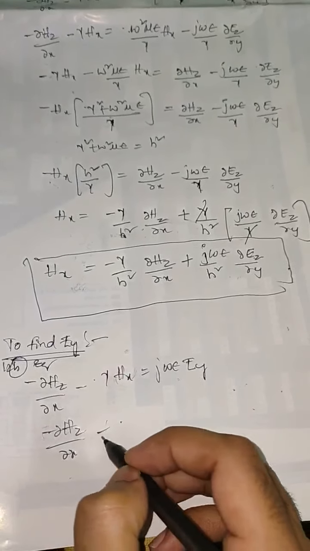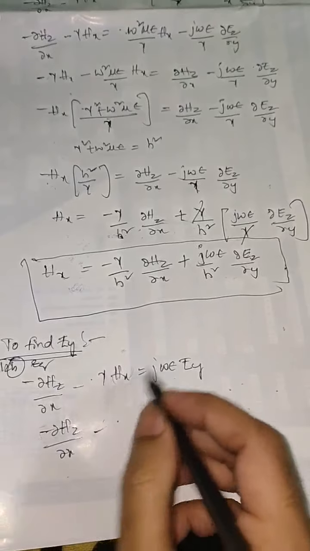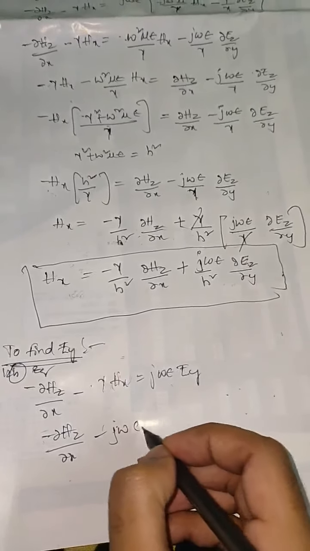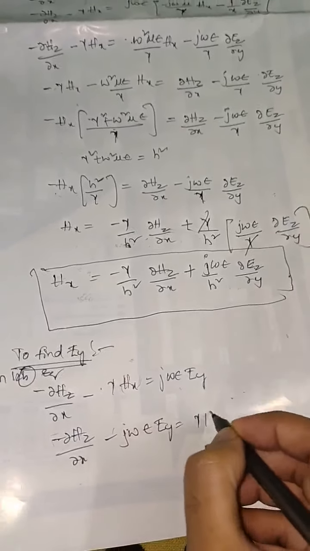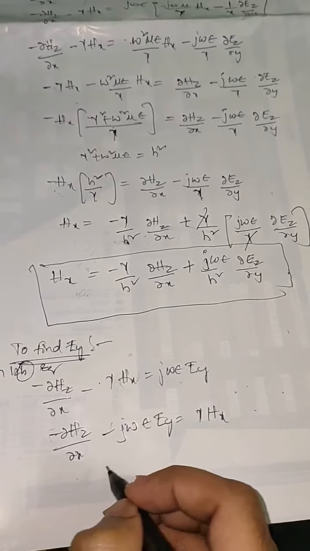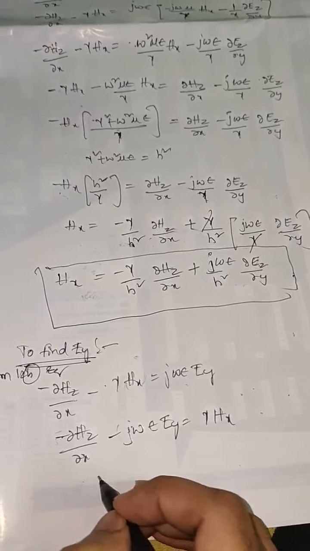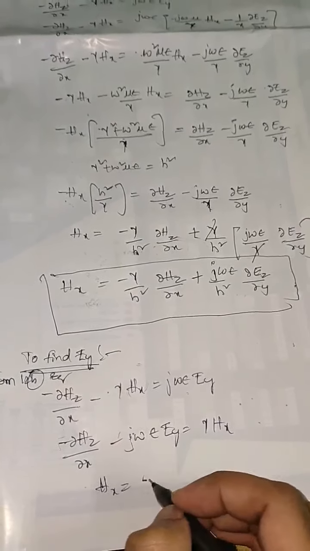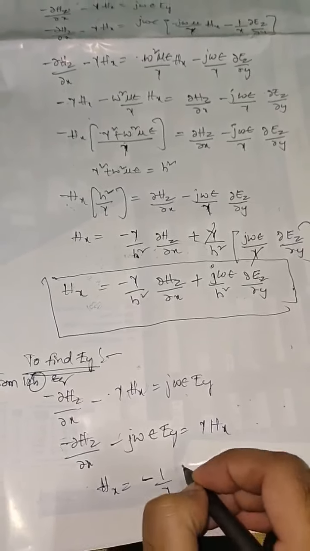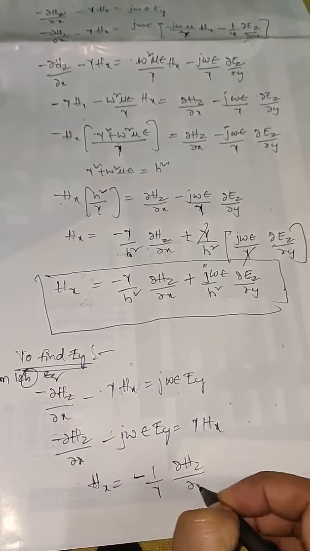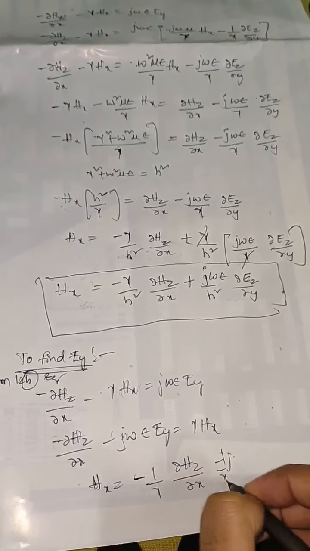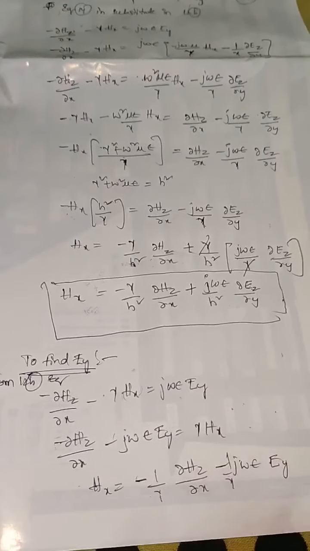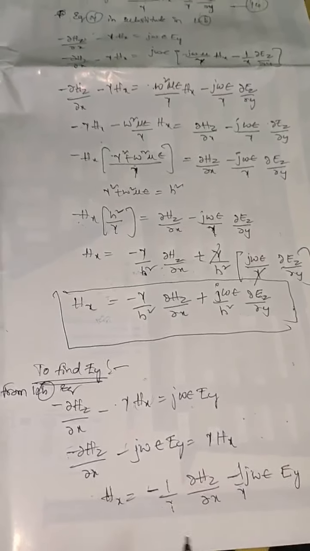So I want the Hx value, so this ∂Hx/∂y can be moved to that side. So the Hx value can be obtained as Hx equals minus 1/γ ∂Hz/∂x minus 1/γ jωεEy. Okay, so this is the Hx value.